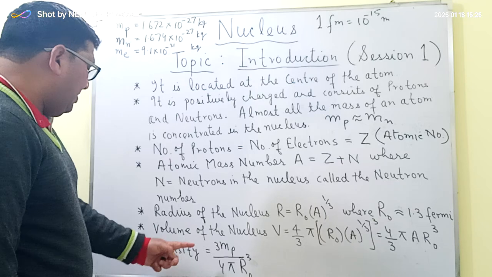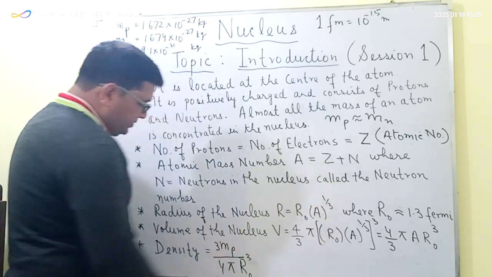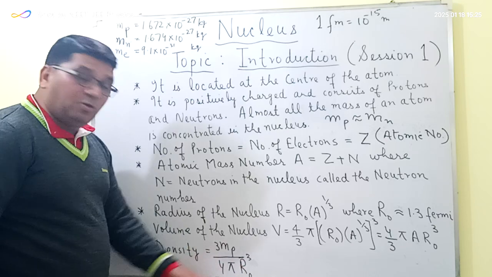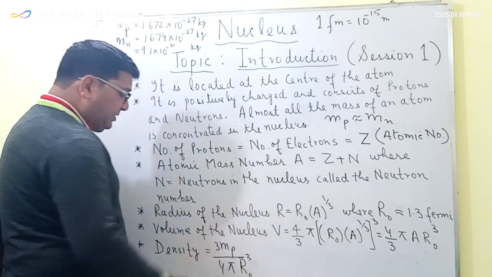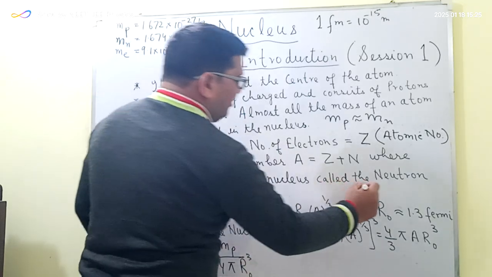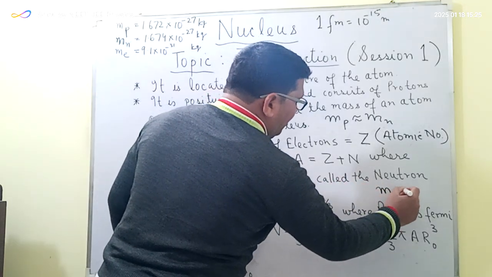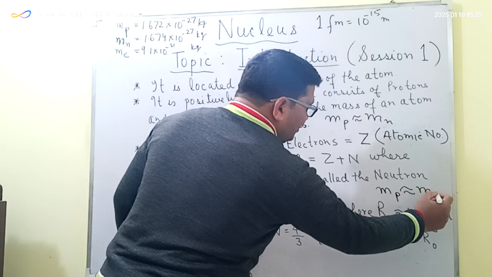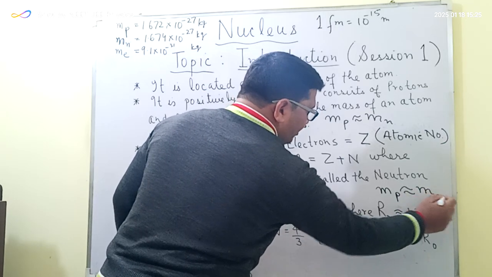Now the density will be equal to mass upon volume, and this is equal to 3 into mass of the proton divided by 4 pi R naught cube. See, this formula has been derived considering the fact that the mass of the proton is approximately equal to the mass of the neutron.